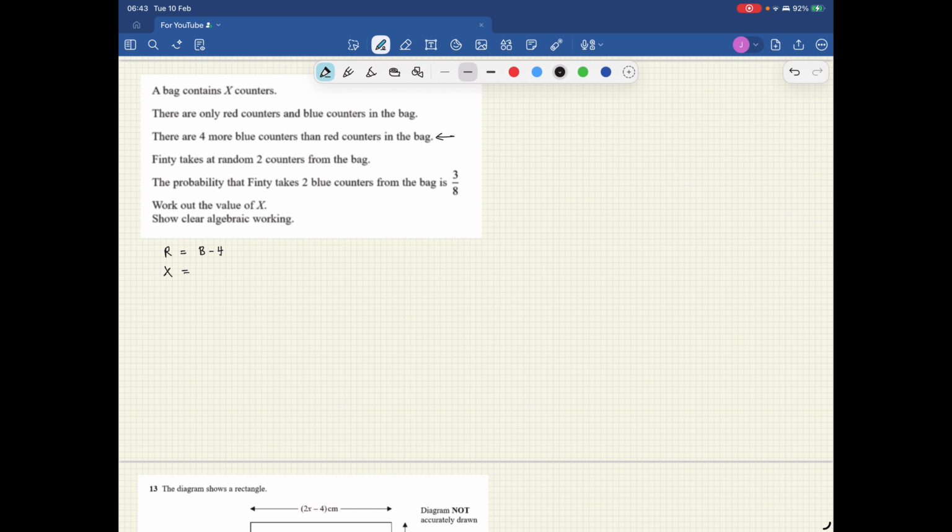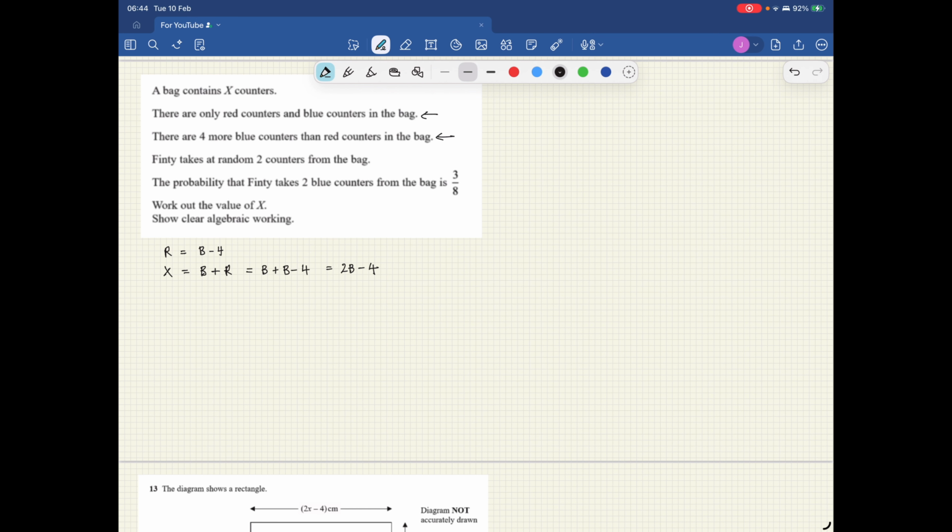Right, well, we know that X is B plus R, the number of blue counters and the number of red counters, because there are only blue and red in there. And we know that R is equal to B minus 4. So this is B plus B minus 4. And that's equal to 2B minus 4.